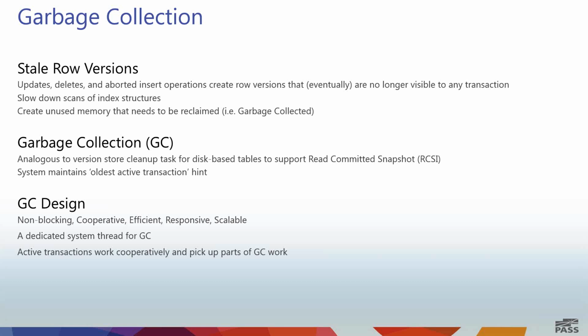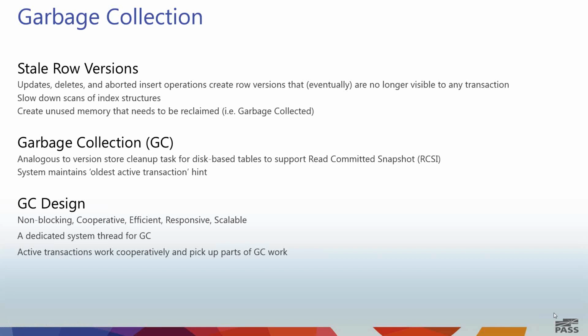We have a dedicated thread which once in a while does some cleanup, and also active transactions in the system work cooperatively with the garbage collection thread to clean up stale rows. So if your index scanner encounters a stale row in an index, it may decide to do part of the garbage collection work. I want to skip the next slide, which goes into a bit more detail about garbage collection.